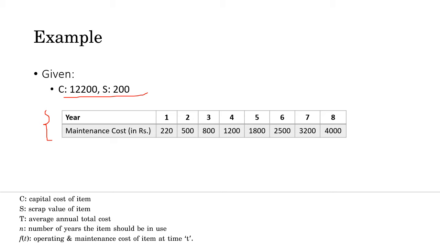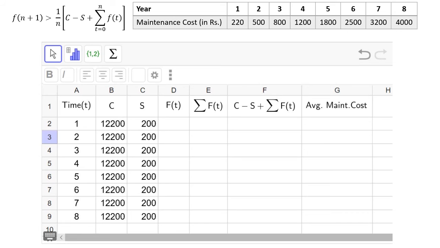So let us solve this example using the equation or the replacement policy that we saw in one of the earlier slides. So we are going to do calculations with the help of this GeoGebra spreadsheet, and I have already put the formula or the condition that we are going to test to conclude when the firm should replace the machine.